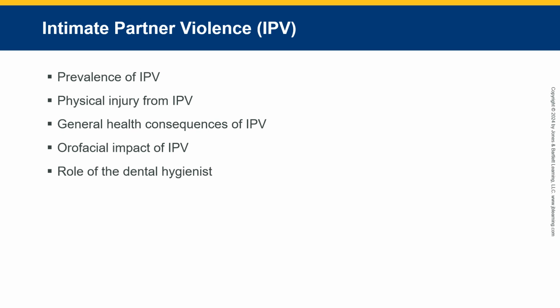So that's our role. And that's what I want you guys to take out of all of it, right? It's what kind of signs do we see, what kind of injuries in the oral cavity will I possibly see that's related to this, and what do I do about it?